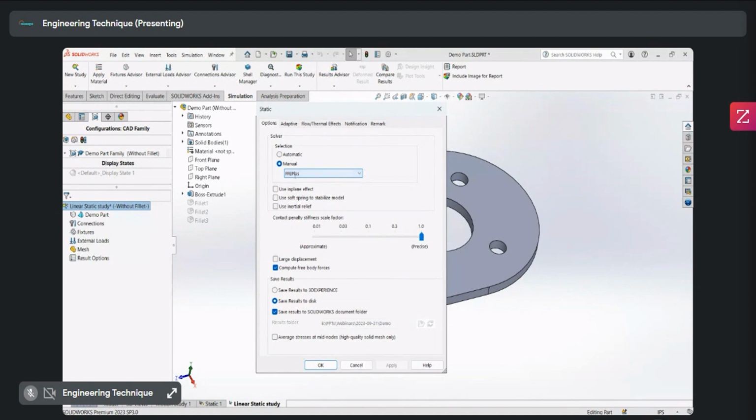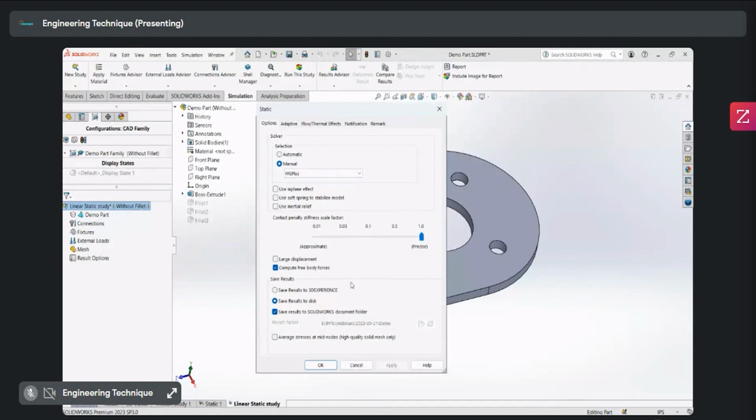The various manual solvers are HAP Plus, Intel Direct Sparse, and large problem direct sparse.